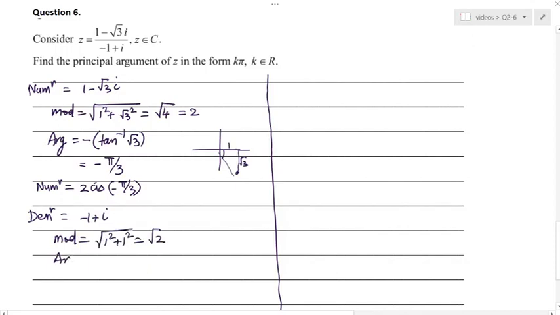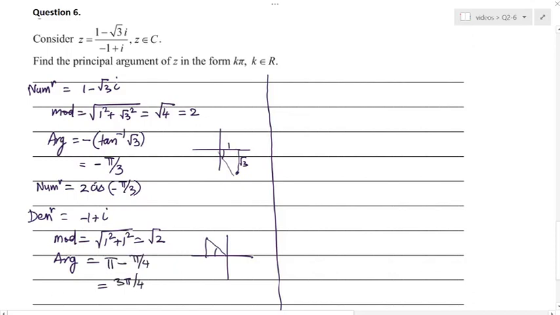And arg, seen from the diagram here, minus 1 plus 1 is here, and this angle is pi over 4. So we can see that the arg is pi minus pi over 4, which is equal to 3 pi over 4.